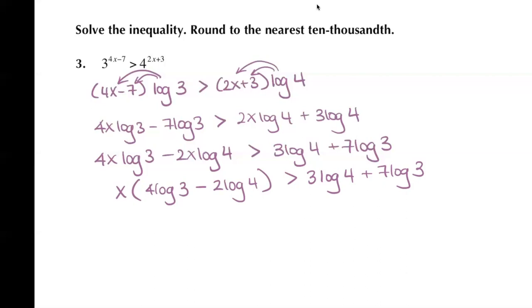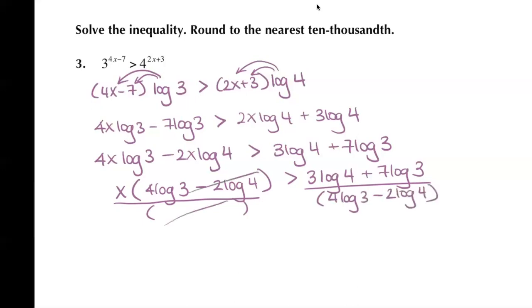Give it a shot, even if you're not sure. Do you divide both sides by the 4 log 3 minus 2 log 4? Good job. Nice, Heidi. So divide both sides by that entire parenthesis. All right, perfect, guys.